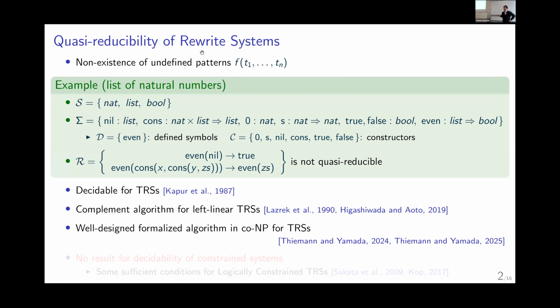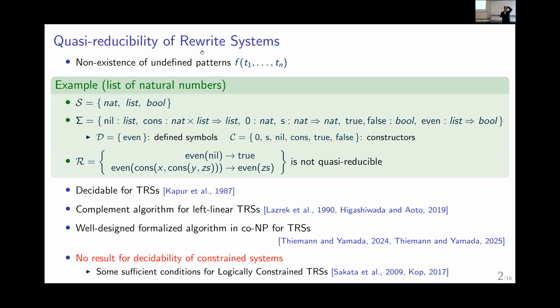Quasi-reducibility is decidable for TRSs. A complement algorithm for left-linear TRSs has been proposed, and last year, Rene Thiemann and Akihisa Yamada proposed a well-designed formalized algorithm for TRSs. But to the best of our knowledge, there is no result for decidability of quasi-reducibility of constrained systems.